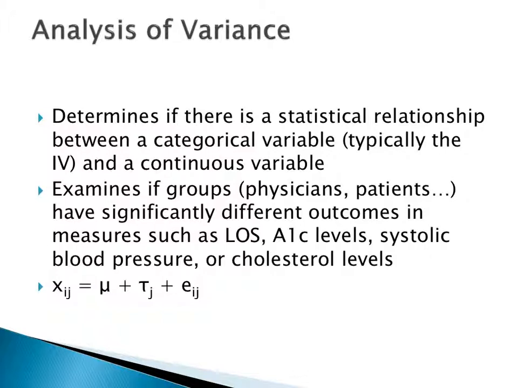Doing an analysis of variance is really handy if you want to determine if there's a significant relationship between a categorical variable, typically the independent variable, and a continuous variable.